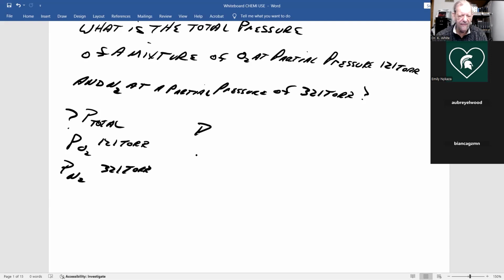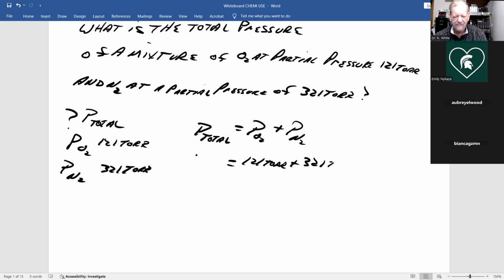And therefore, P total is the sum of the partial pressures, which are partial pressure oxygen plus partial pressure nitrogen. And I'll put the numbers in, and add it up. And there's your answer.